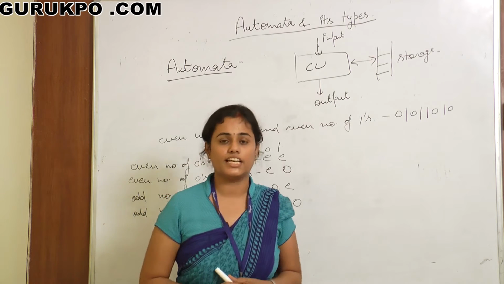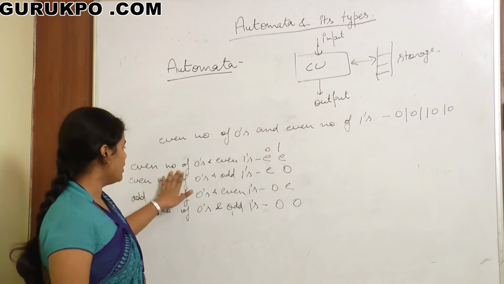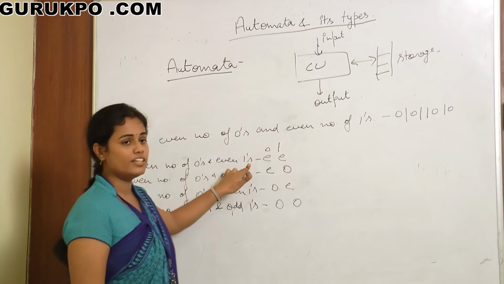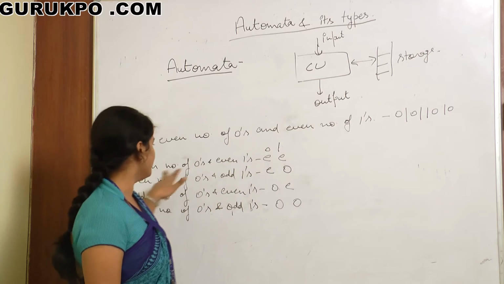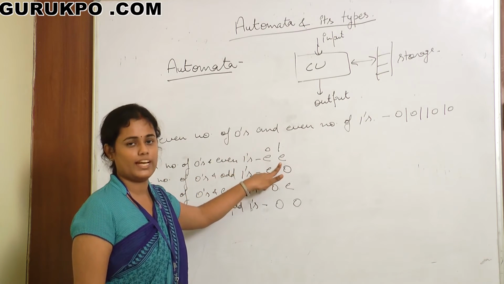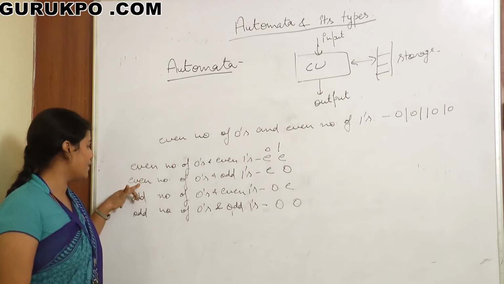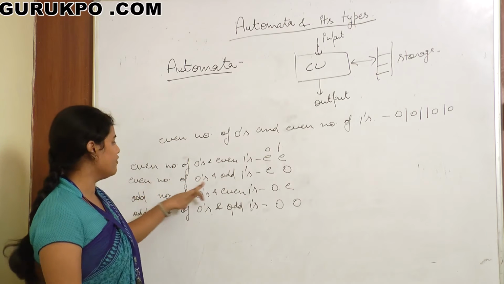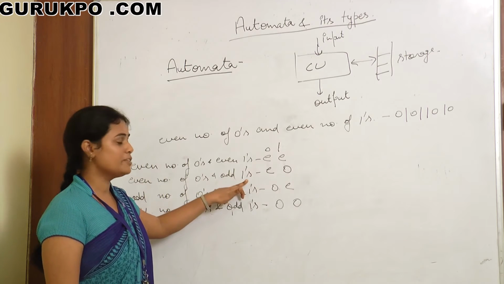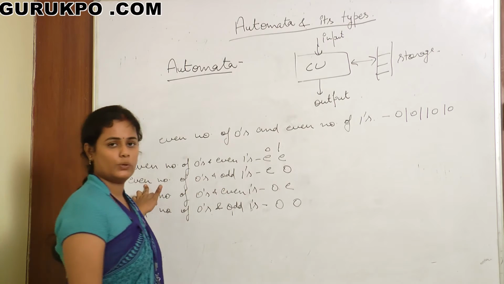In this case, there will be four possibilities: whether there are an even number of zeros or an even number of ones. Both are even, that is why we use the name EE, even number of zeros and even number of ones. The second state may be an even number of zeros and an odd number of ones, which means the number of ones is odd and the number of zeros is even.